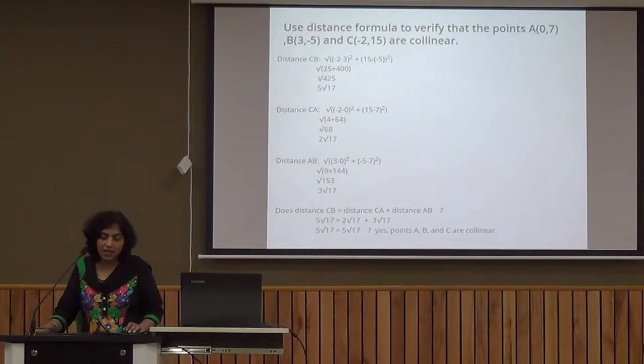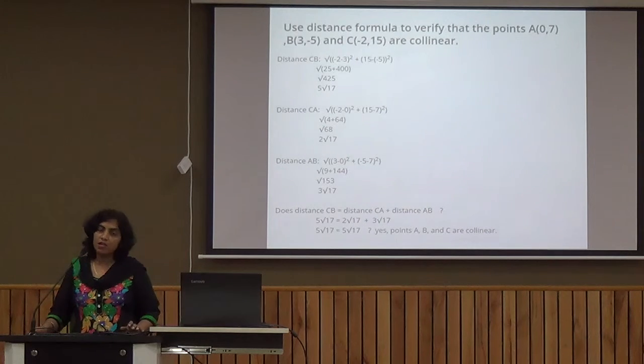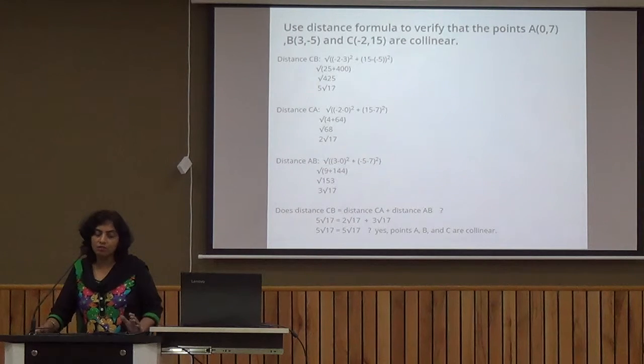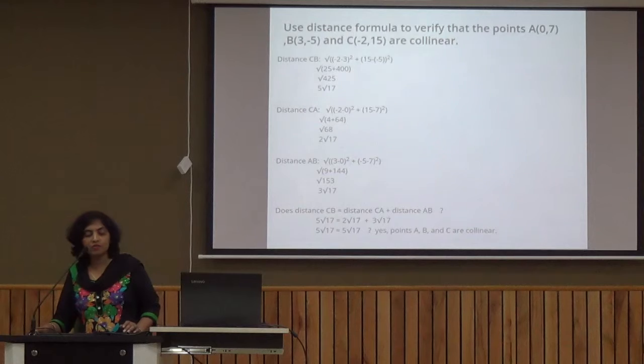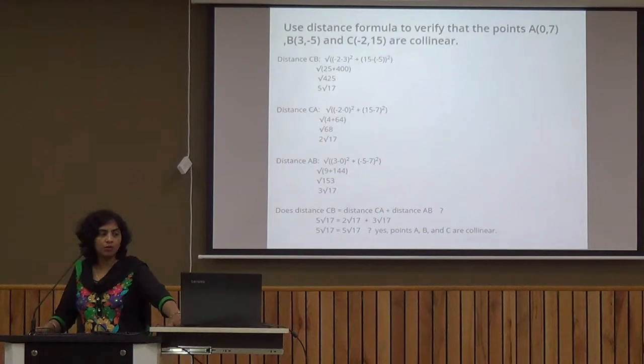So we see that when we add CA and AB, 2 root 17 plus 3 root 17 is equal to 5 root 17, which is equal to CB. Hence the points A, B and C are collinear.